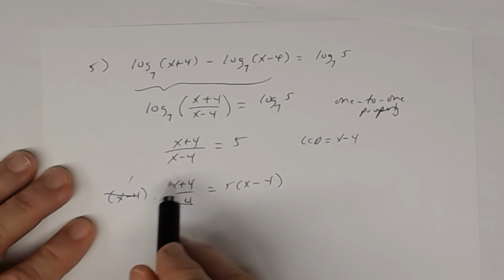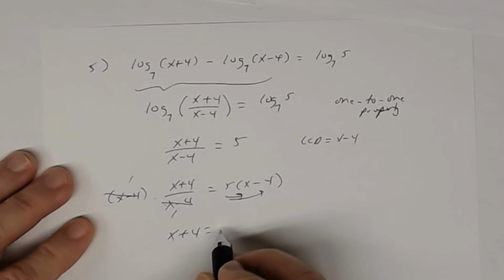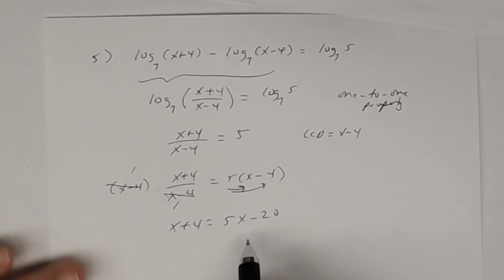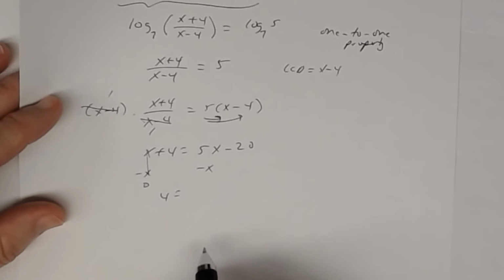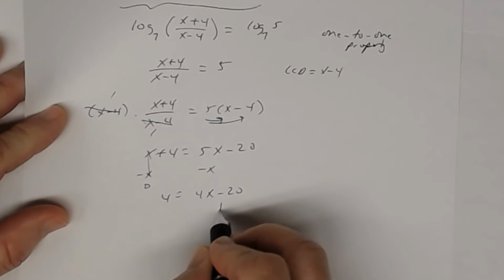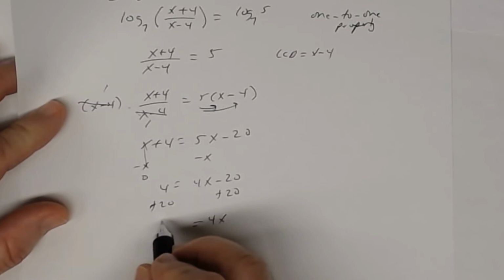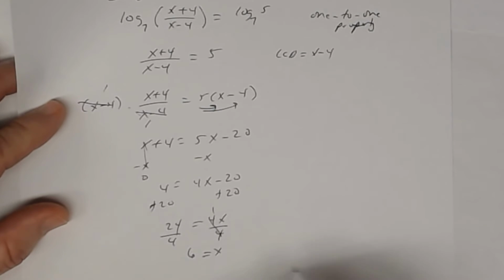And so you get 1 times x plus 4 is x plus 4 equals, and then distributing here, I get 5x minus 20. Notice this is linear. So I'm going to subtract x from both sides. And so when I combine like terms, I get 4 equals 5x minus x is 4x minus 20. Add 20 to both sides. I get 4x equals 24. Divide both sides by 4 to get x by itself. I get x to be 6.